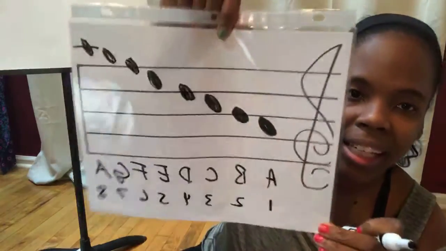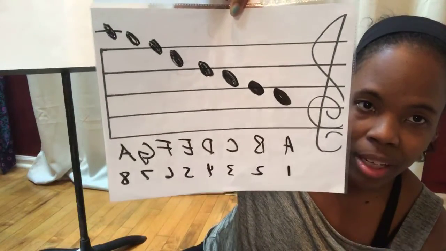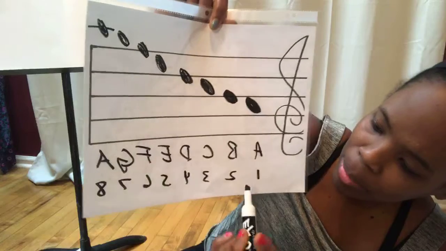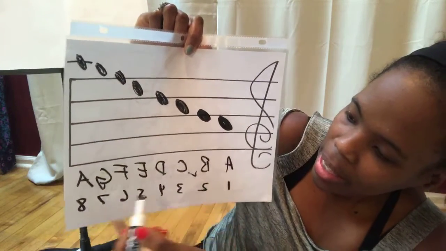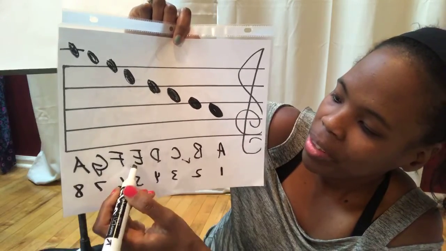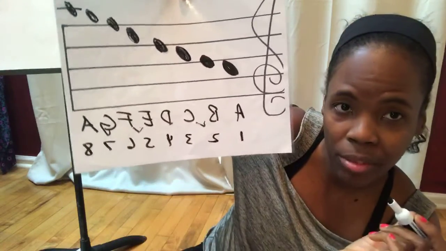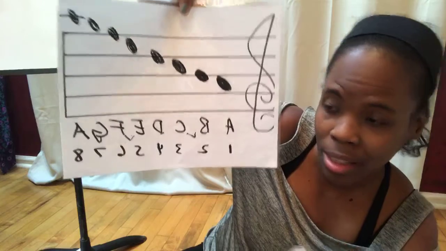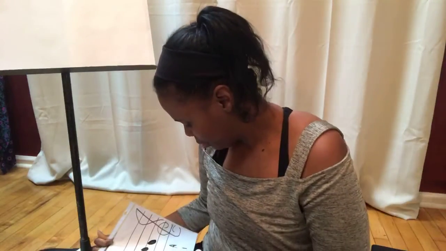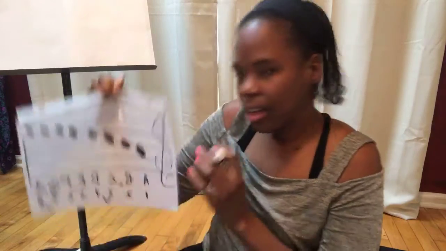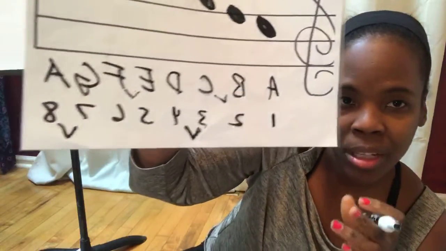Without putting any sharps in, right now our half steps are between 2 and 3, because B and C, and between 5 and 6, between E and F. But we need it to be between 3 and 4 and 7 and 8. That's where we need it to be.